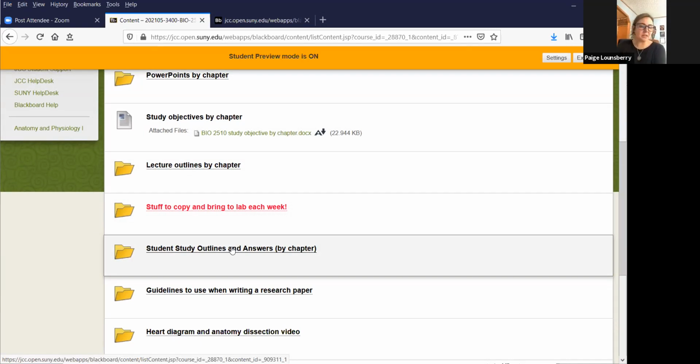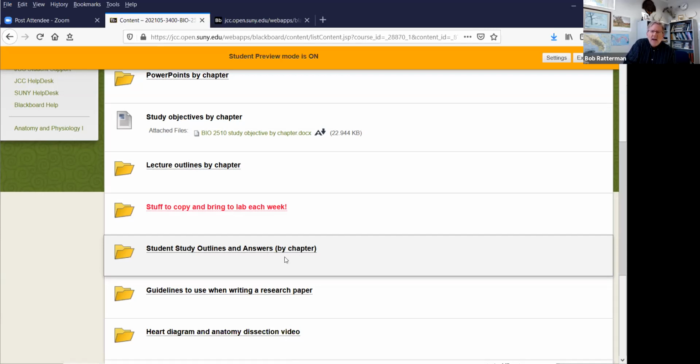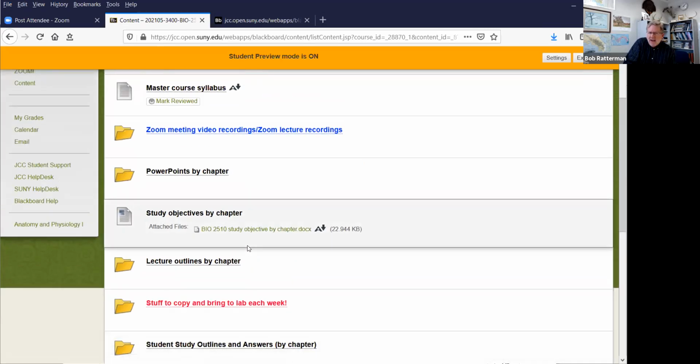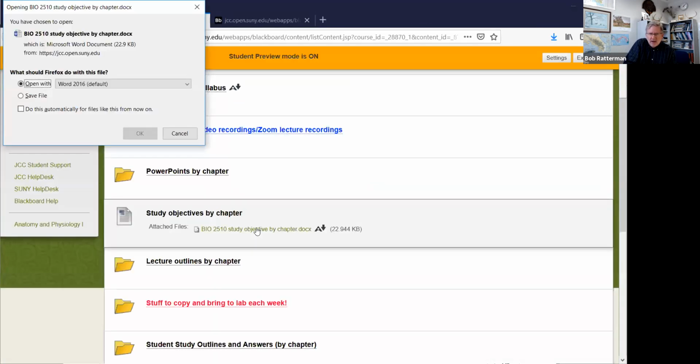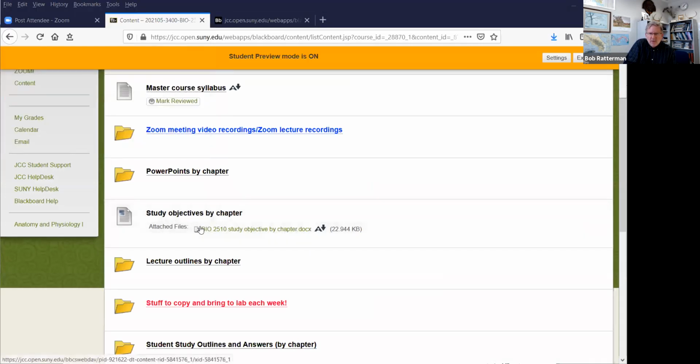Okay, you have to each determine individually how you use the stuff I provided to you. I think that these study objectives are good. I think they can provide a fundamental framework for preparation for quizzes and exams.